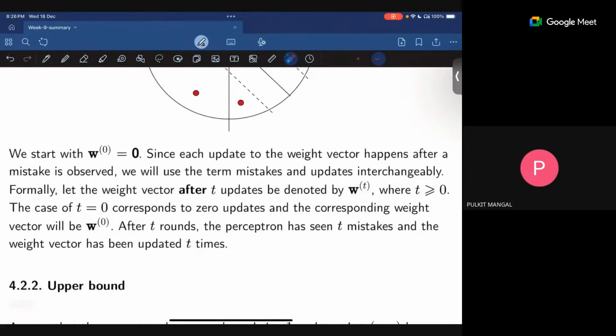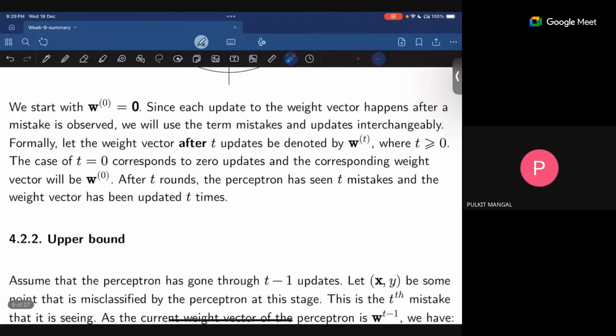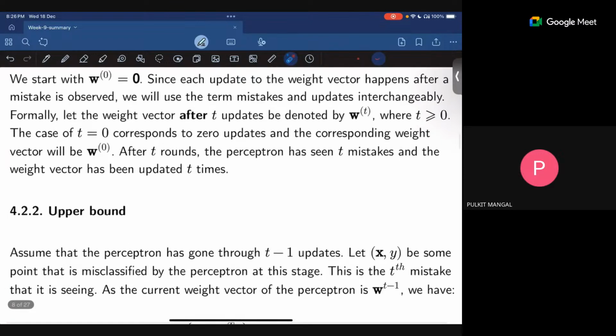So a little bit of theory. We start with weight vector 0, and each update to the weight vector happens only after a mistake is observed. The terms mistake and update can be used interchangeably. The case of t equal to 0 corresponds to the zero update, and the corresponding weight vector would be W naught.